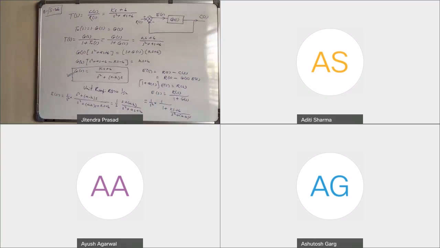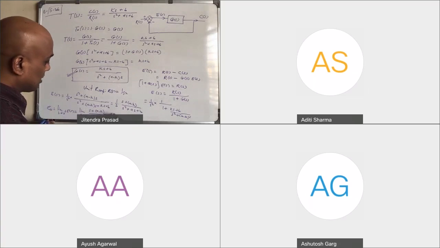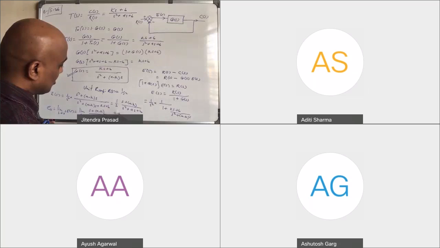So the steady state error e_ss will be the limit as s tends to 0 of s times E(s). Multiplying by s, we get the limit as s tends to 0 of (s plus a minus K) divided by (s squared plus as plus b). Setting s equal to 0, you get (a minus K) over b.